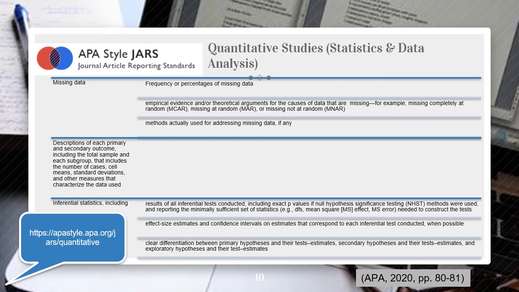You'll include effect size estimates and confidence intervals on estimates that correspond to each of the inferential tests conducted when possible. And finally, there'll be a clear differentiation between the primary hypotheses and their tests and exploratory hypotheses. In other words, you want to be clear which of your findings are based on hypothesis testing and which ones are exploratory.